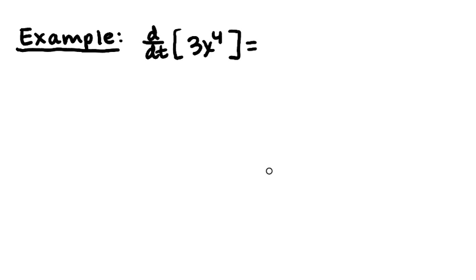All right, next one, the derivative with respect to t of 3x to the 4th. Now, what would you think the derivative of 3x to the 4th would be? 12x to the 3rd, yes. Okay, wonderful. But it's possible that x is a function that depends on t.